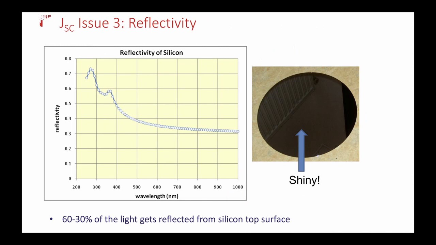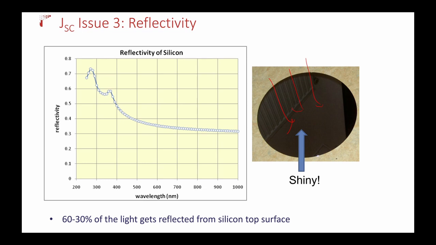And there is another issue. If you have seen a silicon wafer, these are very shiny. You can see your face, they are like a mirror. So most of the light which falls on the silicon wafer gets reflected back.